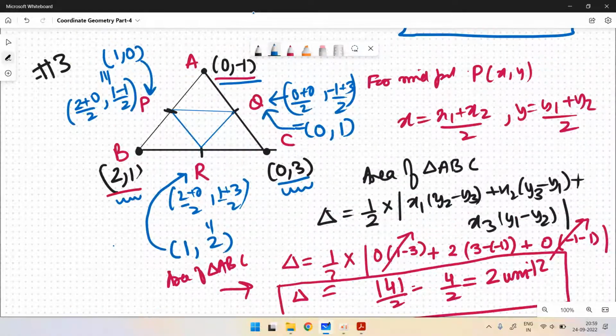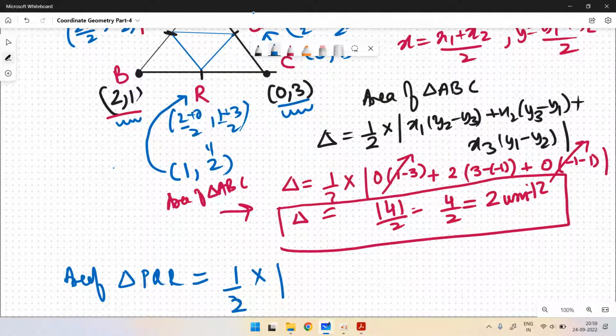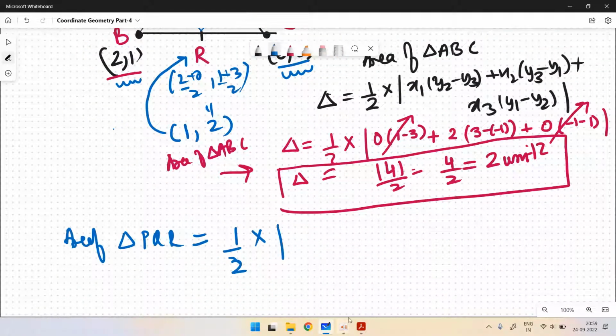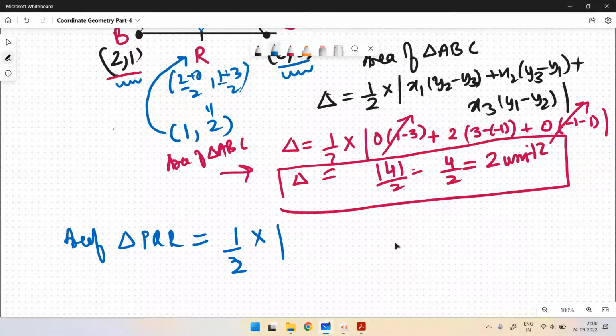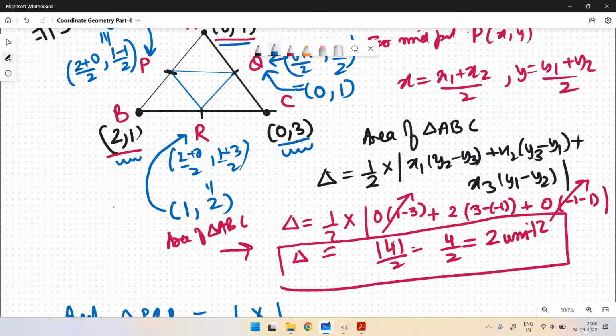The x coordinate of P is 1, so x1 for PQR is 1.